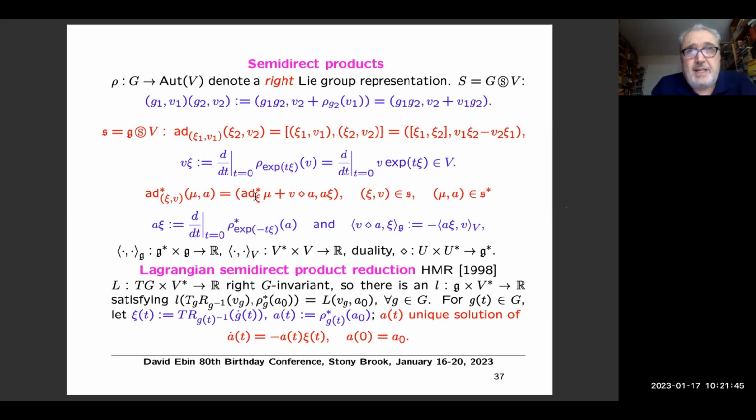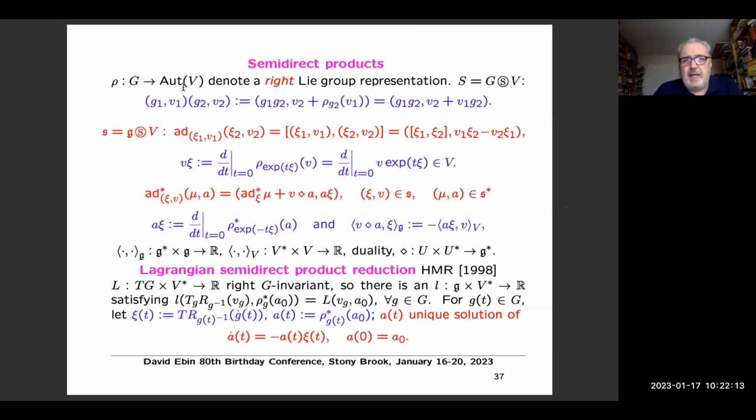And the reason is that the advected quantities on the Hamiltonian side and on the Lagrangian side are not the same. You cannot do on the Lagrangian side what you do on the Hamiltonian side. Anyway, I will give you the extension of Poincaré's theorem for advected quantities because this is what I'm going to use. So first of all, I have to tell you what a semi-direct product is.